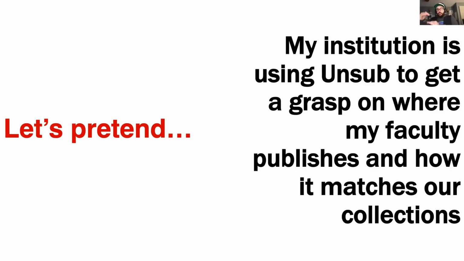So you can match up your subscriptions to your publications and get a sense as to where folks are publishing. It allows you to trim out things that you're paying for that you maybe don't need to pay for, or other things like that. So my institution is using Unsub to get a grasp on where my faculty publishes and how it matches our collection. And for us, it's just a data point.